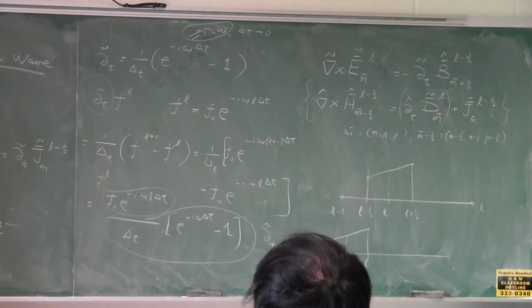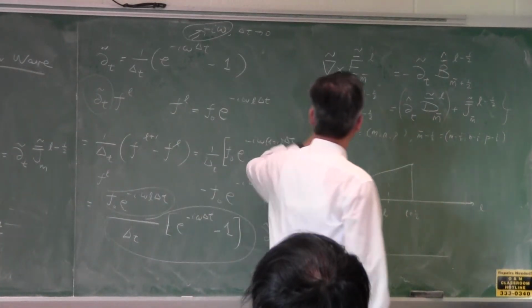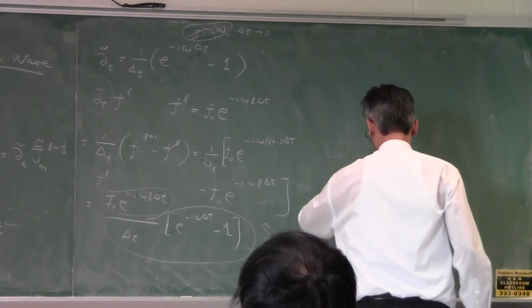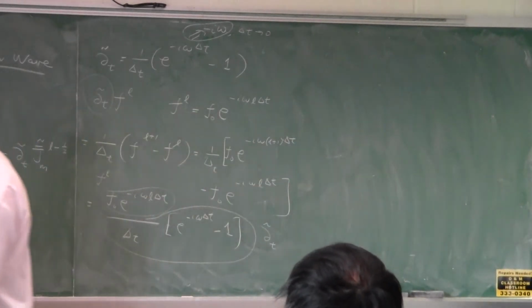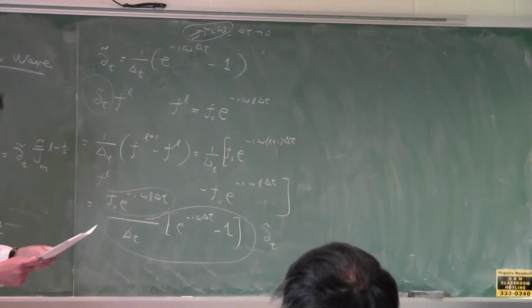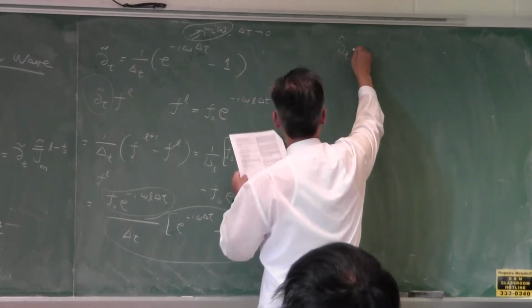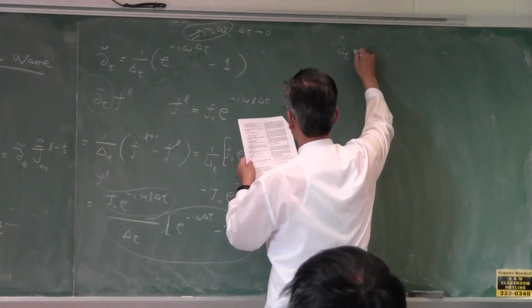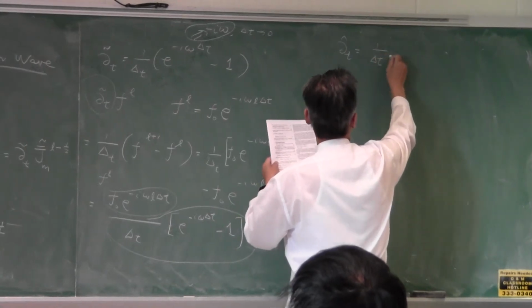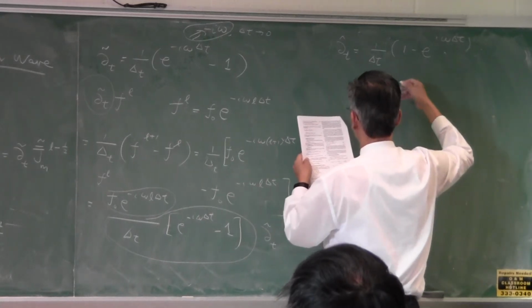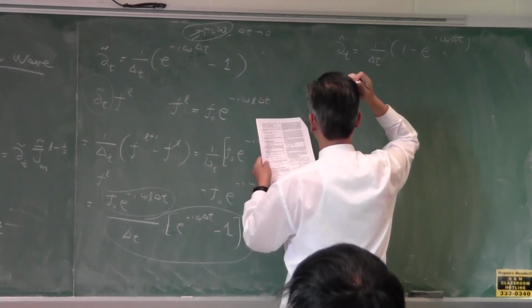But this discretized world is interesting in the sense that you can see all these things happening. What is more interesting is that you can write the time harmonic version of this equation very easily now. If you look at the delta t hat, which is the back differencing, it will become 1 over delta t, 1 minus e to the I omega delta t, which also becomes a sinc function of some sort.